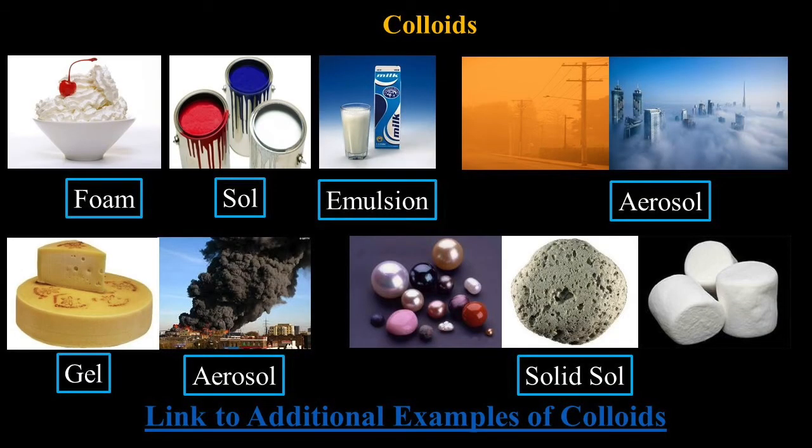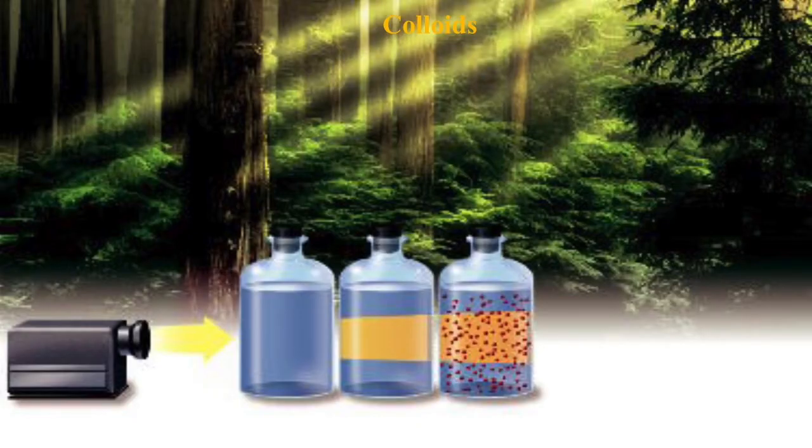Here are some examples of colloids: foam, a sol, which is like a paint, emulsion, aerosol, gel, there's another aerosol, a solid sol, such as pumice or marshmallows. Some gems, such as pearls, and some precious stones are also colloidal in nature. I have a link for additional examples of colloids to give credit to the author there.